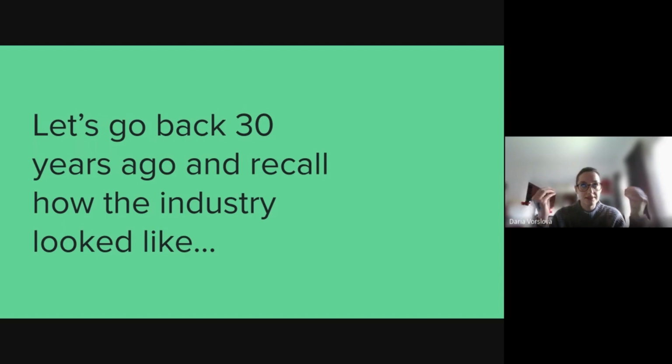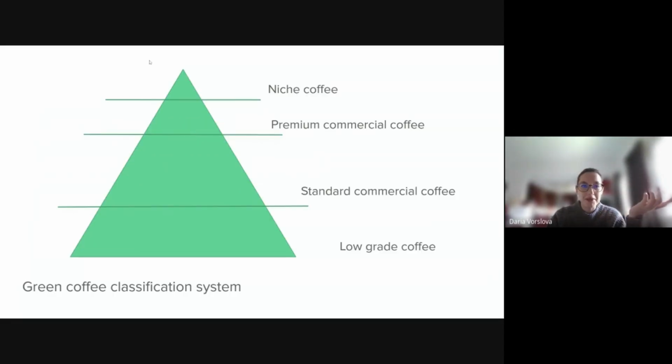It's a pretty interesting exercise because the industry didn't look the way it looks now. The main difference: imagine the industry without specialty coffee. I know it maybe sounds crazy, but we didn't have standards, we didn't have these crazy fermentations, infused coffee, anaerobic naturals.